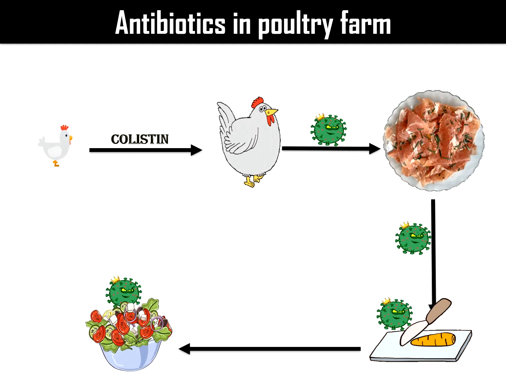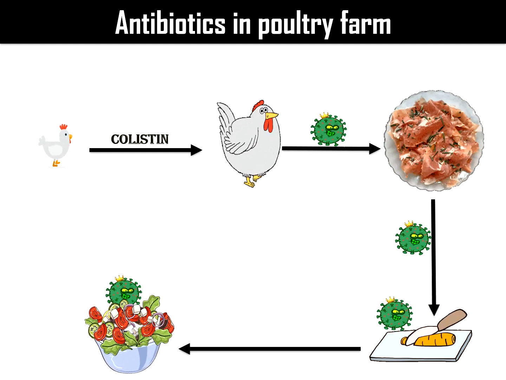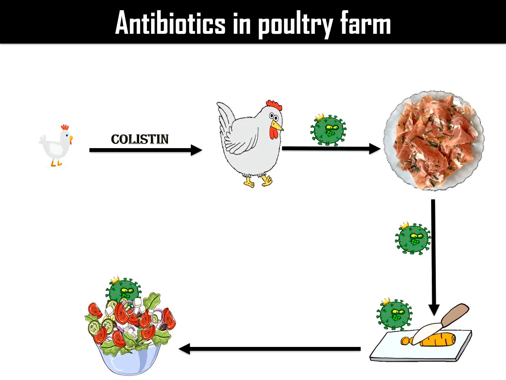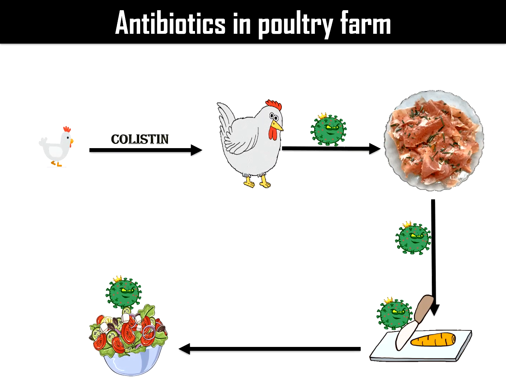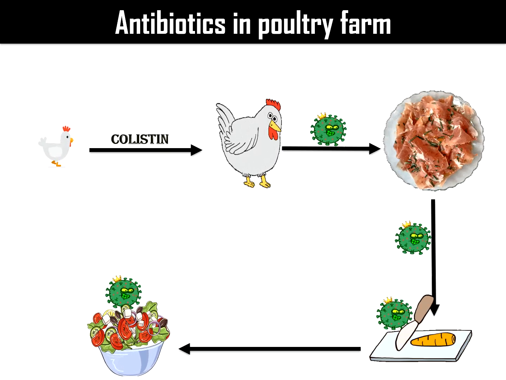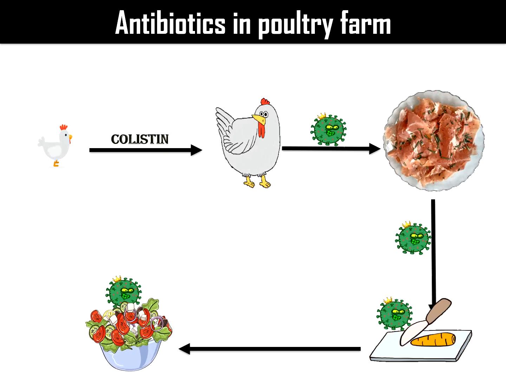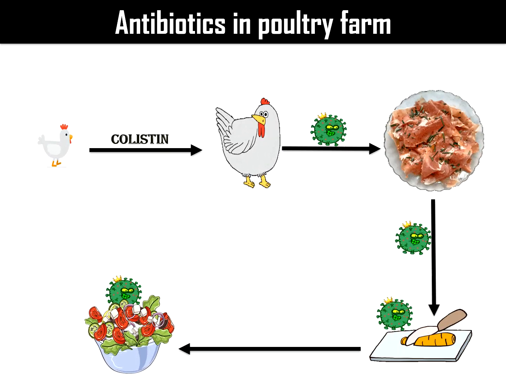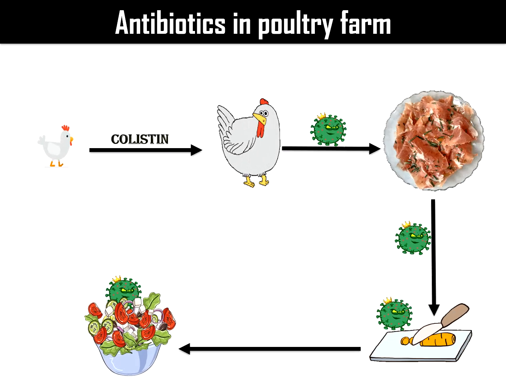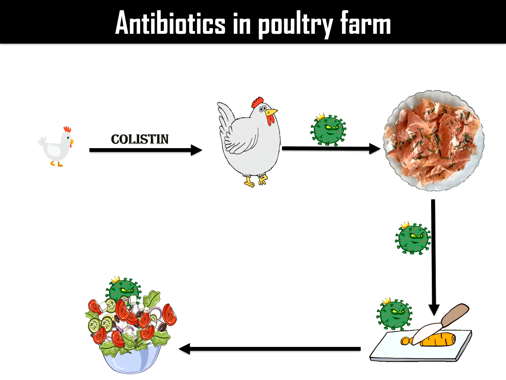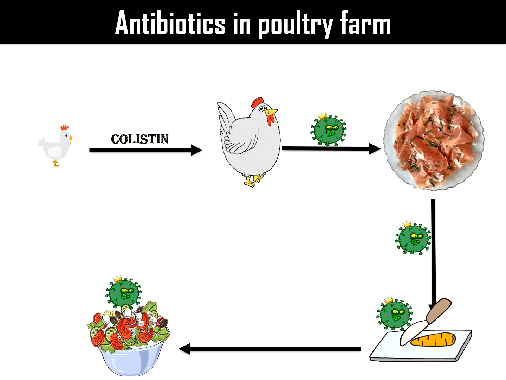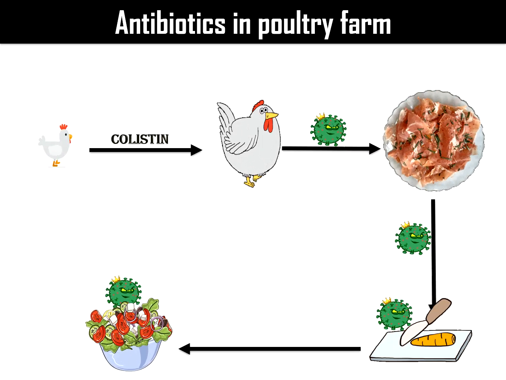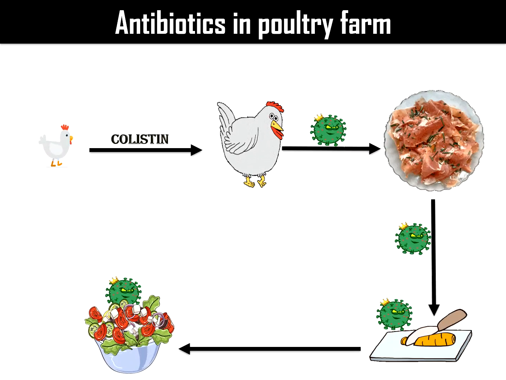So once these chickens are slaughtered, these colistin-resistant organisms get transferred to their flesh. And when we process this meat in our kitchen, suppose the same knife we use to cut the chicken pieces is used for cutting vegetables and preparing salad.